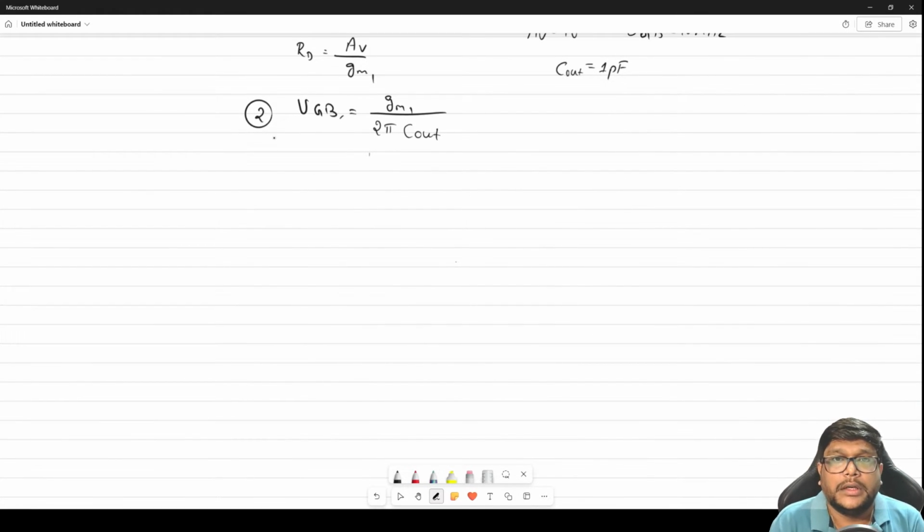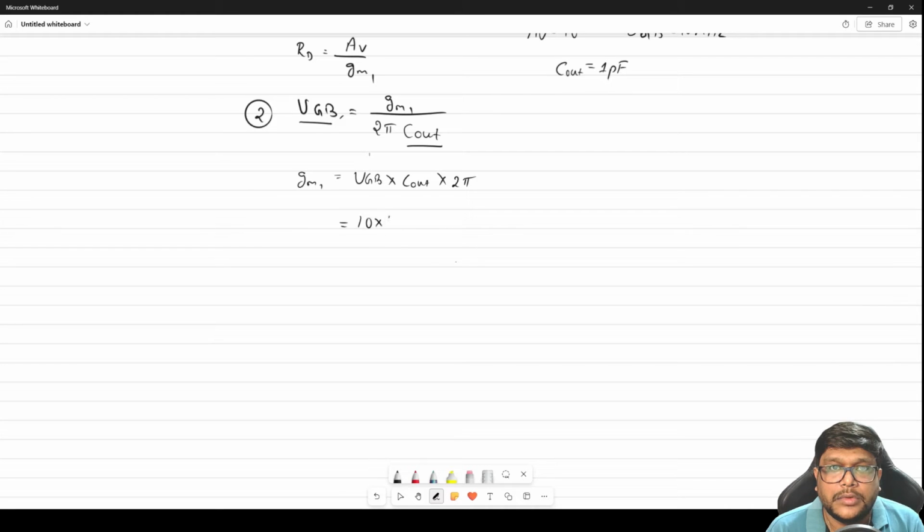Okay, so from here we have Cout, we have UGB, so we can find gm1. We can say gm1 is equal to UGB into Cout into 2 pi. From this calculation, we have expected a UGB of 10 into 10 to the power 6 and a Cout of 1 into 10 to the minus 12, and 2 pi.